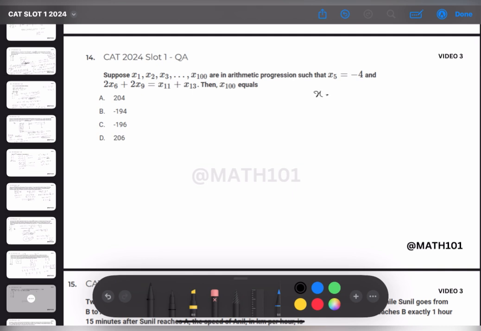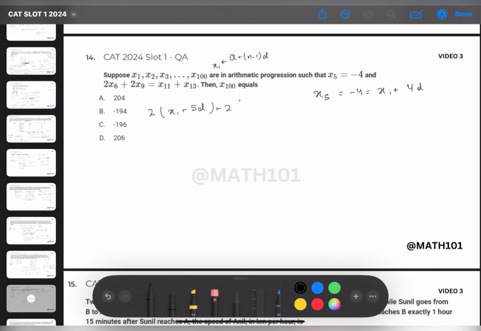So x5 equals minus 4, equals x1 plus 4 times the common difference, let that be d. So 2 times x6 is x1 plus 5d, because the nth term is a plus n minus 1 times d. A here is x1.